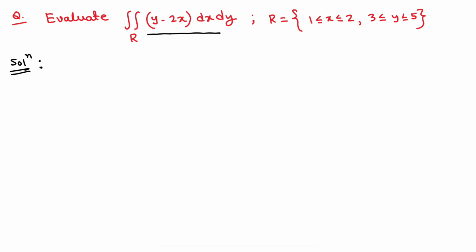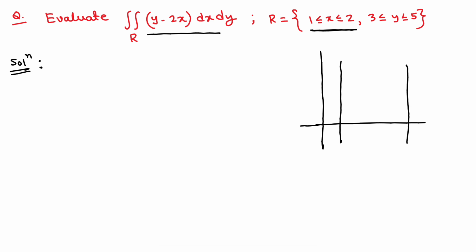Here you can see the boundary of x is from 1 to 2. If I draw the curve, x equals 1 means a straight line parallel to the y-axis at distance 1, that means this one. x equals 2, that means this one. Let's say this is y equals 3, and this is y equals 5.